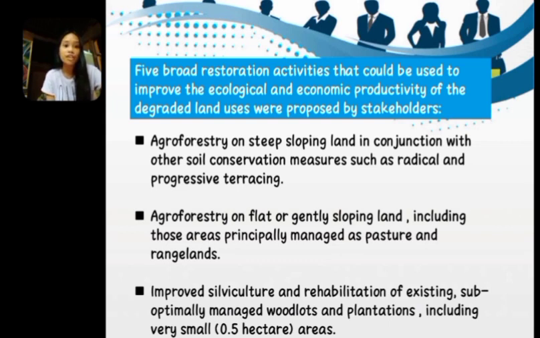Second, agroforestry on flat or gently sloping land, including those areas principally managed as pasture and rangelands. Third is improved silviculture and rehabilitation of existing suboptimally managed woodlands and plantations, including very small 0.5 hectare areas.